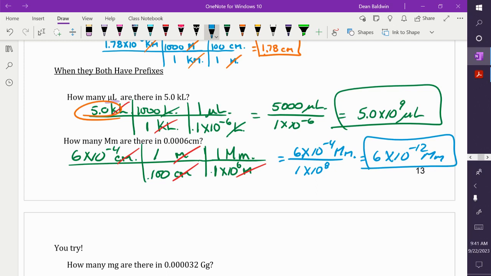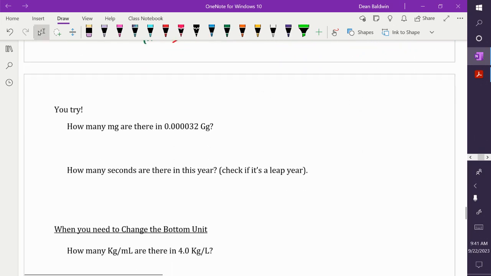How are we feeling with this? You try these, please. So we're going to convert milligrams to gigagrams.